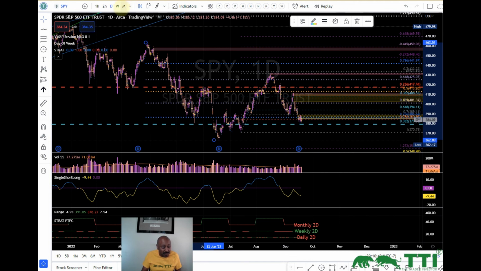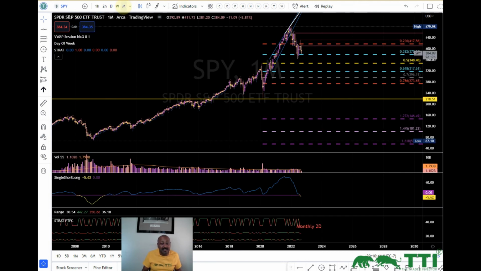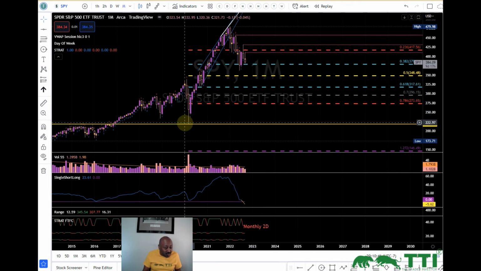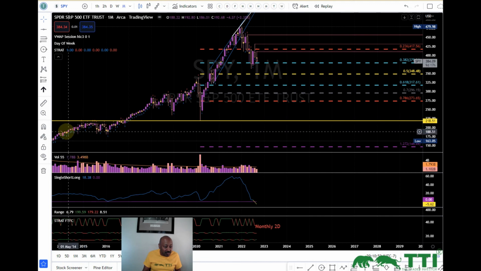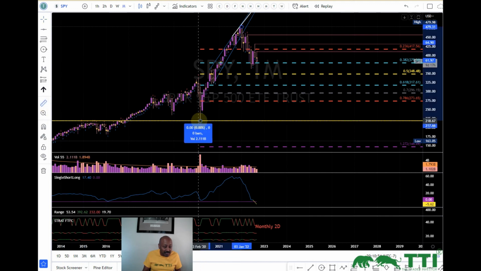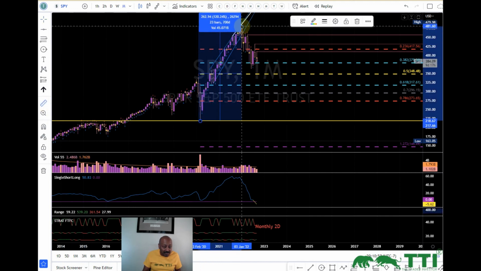Very, very simple reason is, if we're looking at the last swing, low to high, the high is 22 months, right?